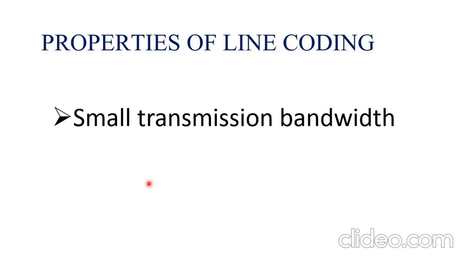The bandwidth is the range of frequency in which the signal is taking for its transmission. So if this bandwidth is small, then it is occupying less space in the frequency band. So the transmission bandwidth should be as small as possible.